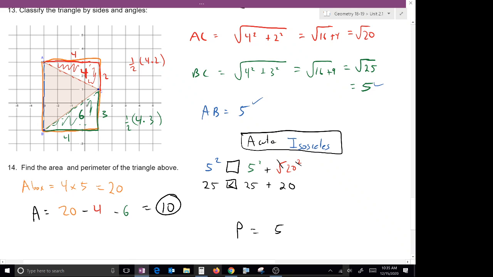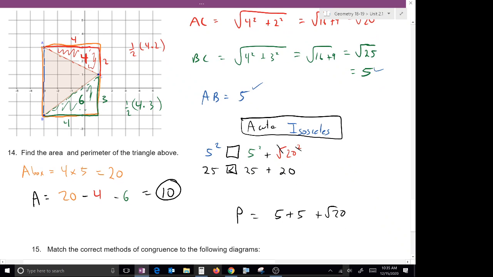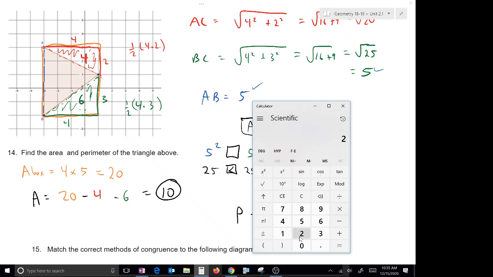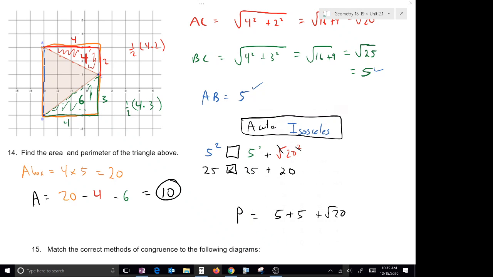We'll do 5 plus 5 plus root 20. So we just need to find an approximation for root 20, which is 4.47. So 5 plus 5 plus 4.47 is going to equal, that's 10, and then that's going to be approximately 14.47.